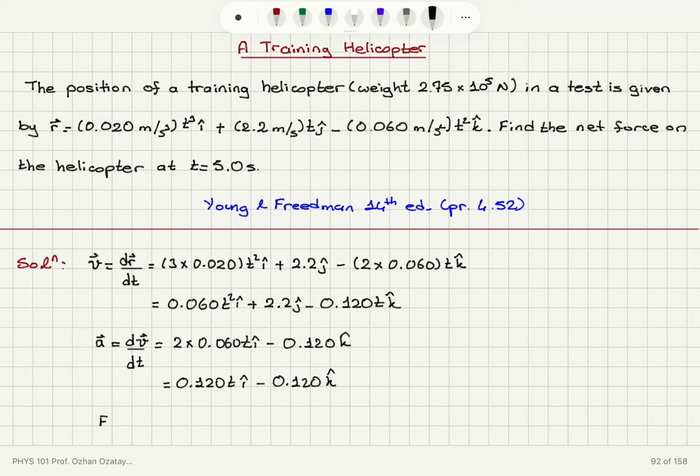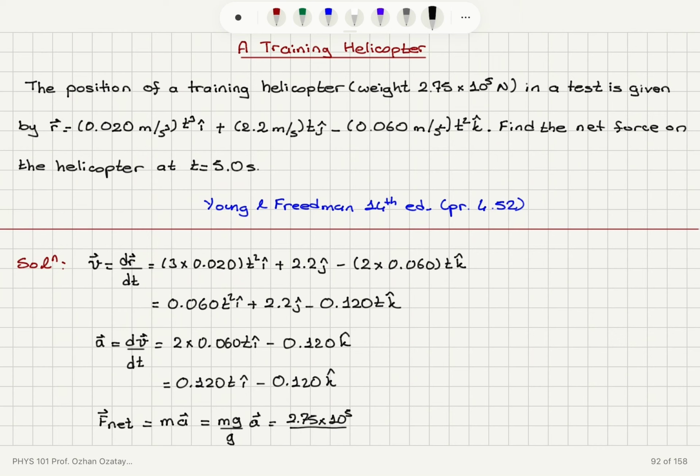Now acceleration is given by this expression. Therefore, the net force, F net, will be equal to mass times acceleration. Mass is the weight mg divided by g, and I have acceleration a. So mg is 2.75 times 10 to the 5 newtons.